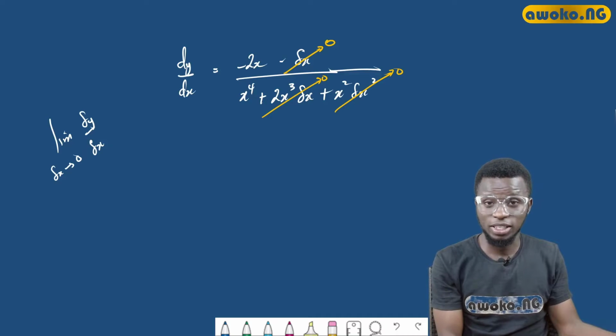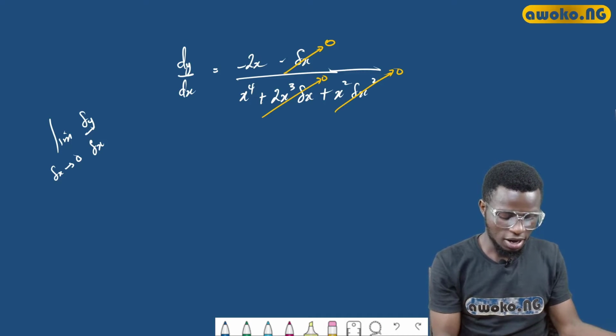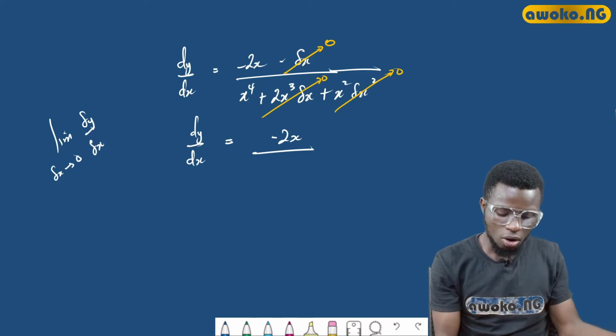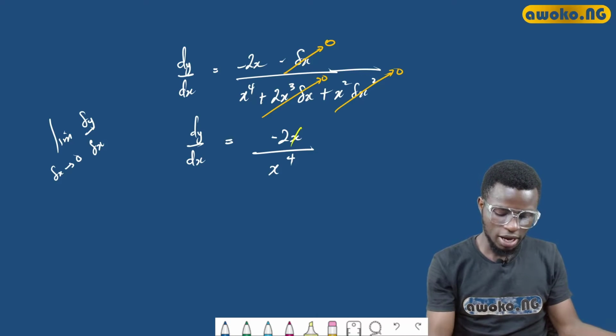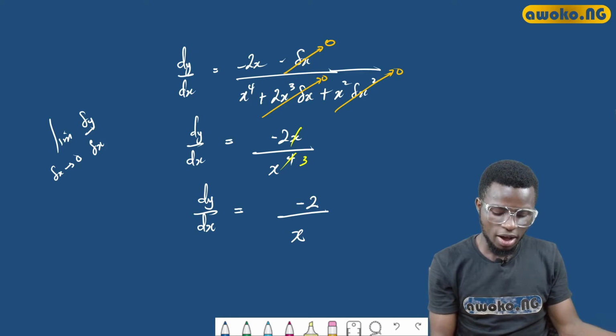If I simplify further, I have dy over dx is equal to minus 2x all over x⁴, and of course, x will cancel out. This will remain 3. I'll now have dy over dx is equal to minus 2 over x³.